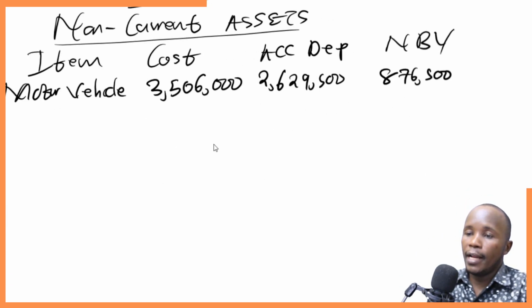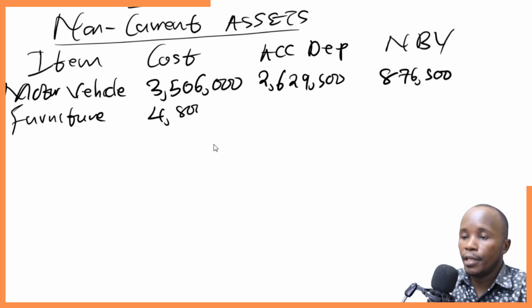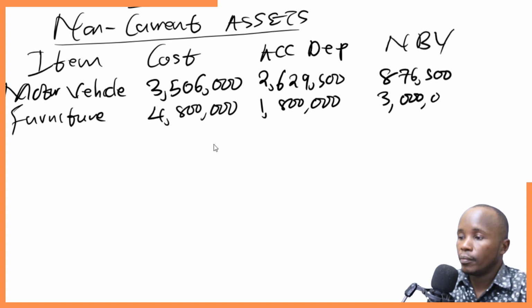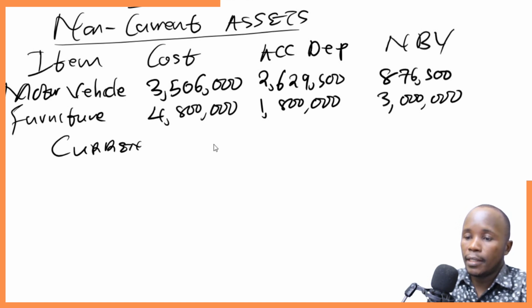Now, another non-current asset here we have is furniture. Furniture, we shall have the cost, which is 4.8 million. Then depreciation was 600,000 times 3, 1.8 million. And the net book value of furniture is 3 million. Then we go to current assets.